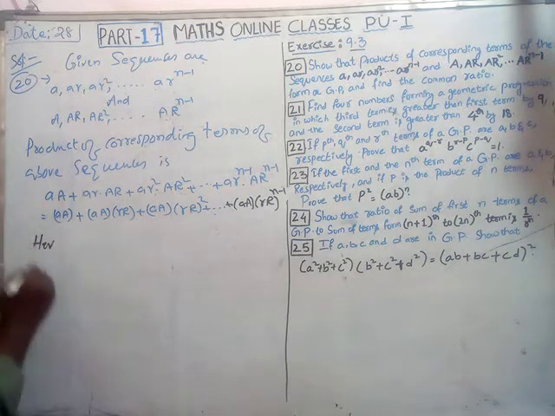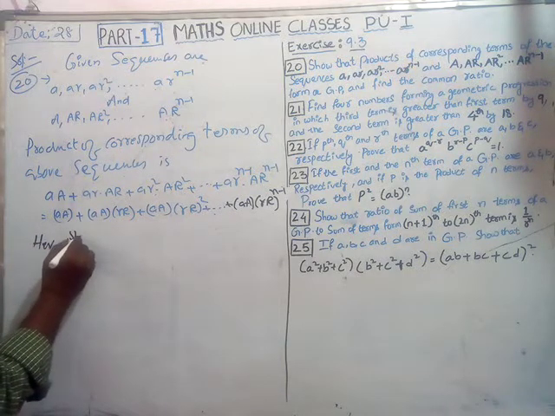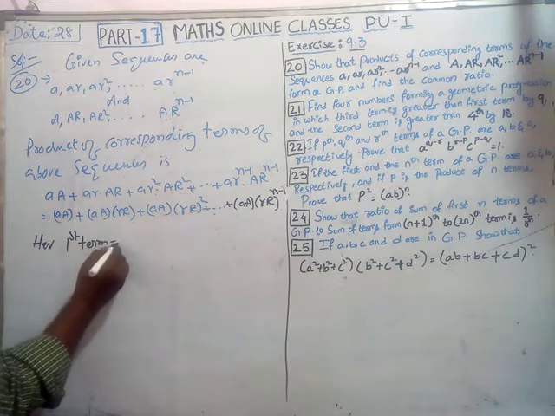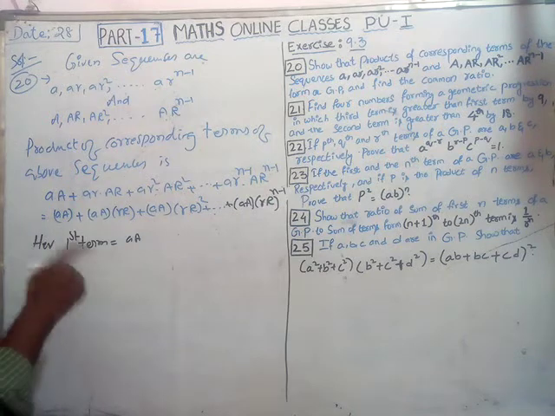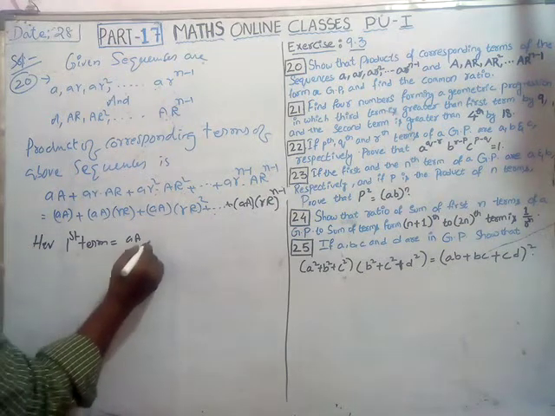Here the first term is equal to A capital A. The product of those two terms is considered as one term.